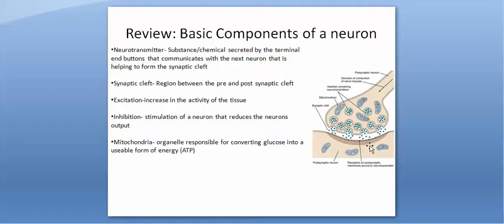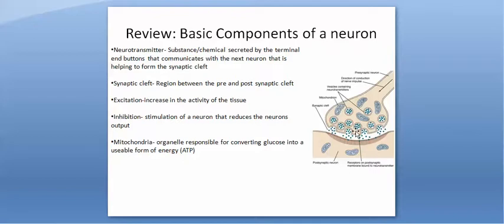These chemicals work as sort of a lock and key, where they're the key, and there are different parts of the cell membrane that open in response to the presence of that neurotransmitter. Then we have the synaptic cleft, the space between the presynaptic neuron, which is up here, and the postsynaptic neuron.